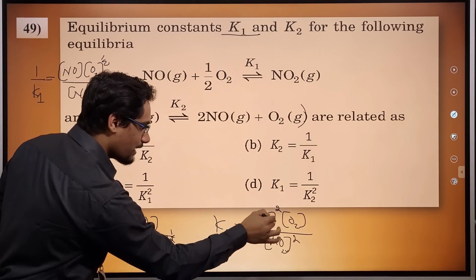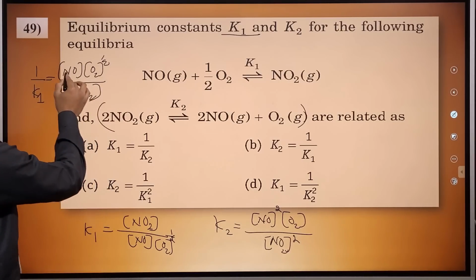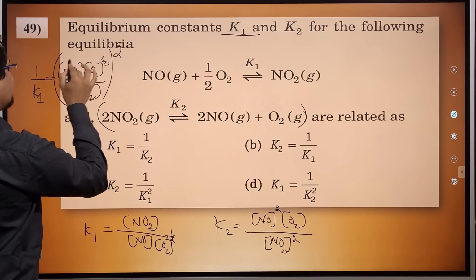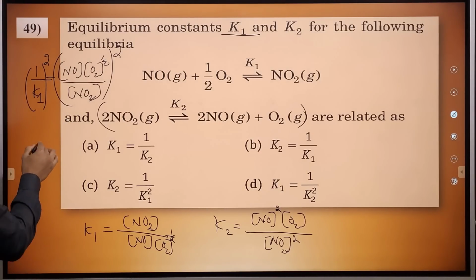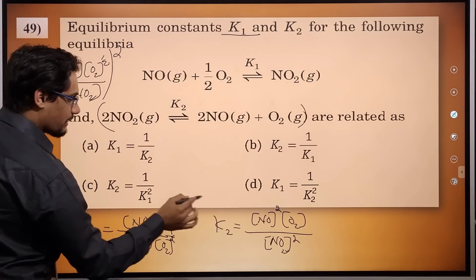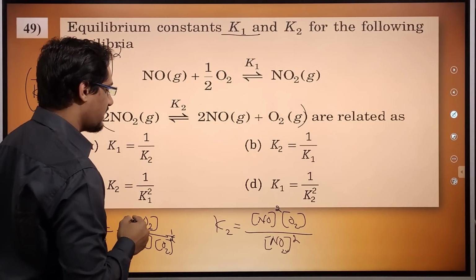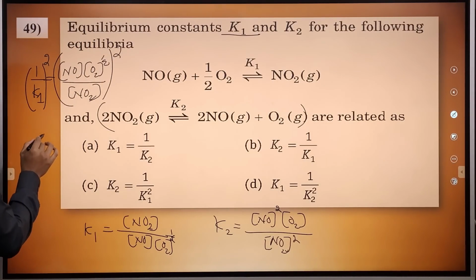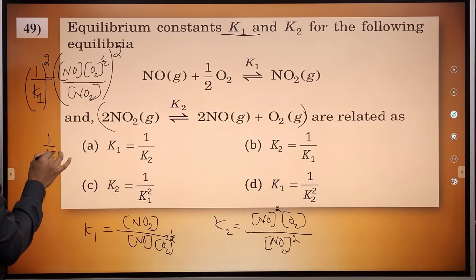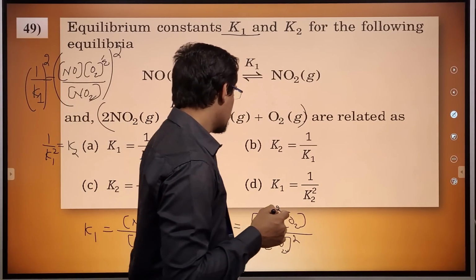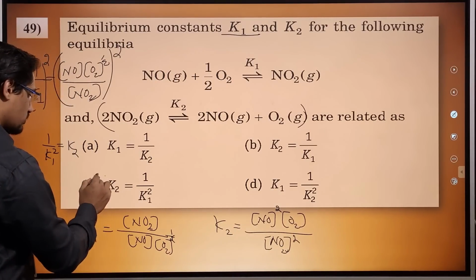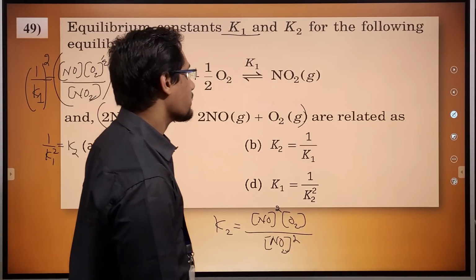And here as I am having a square, I should square this entire thing, and I'll get the same thing, right? Then the relationship between K2 and K1 will be 1 by K1 square equal to K2, or K2 is equal to 1 by K1 square. So this is the answer.